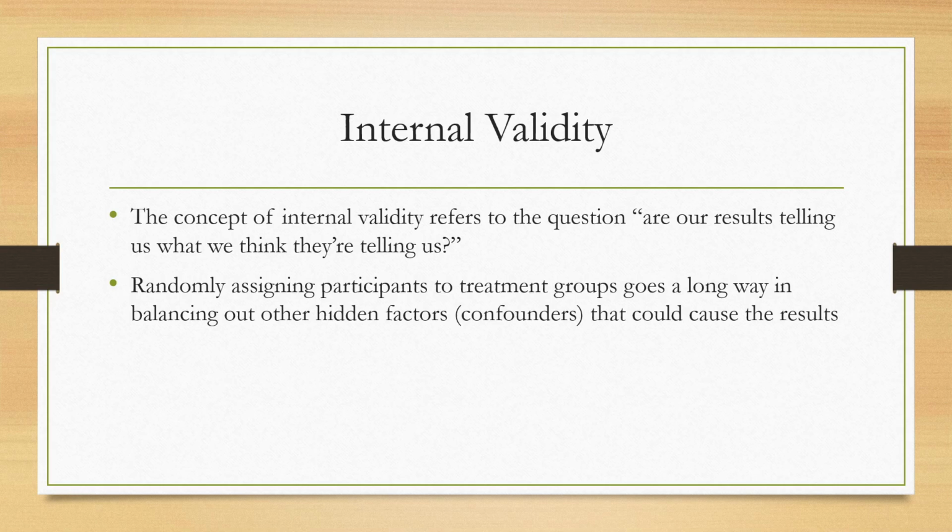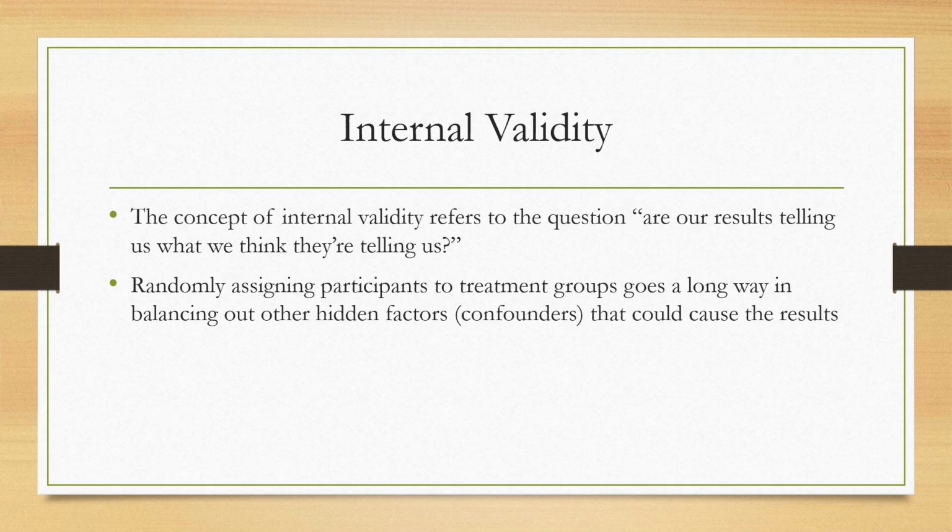Participant B, I'm going to randomly assign you. Then both groups are going to have a mix of individuals with experience and without experience. So that if someone says, well, could the groups be different to start with? I can say, no, because of random assignment, they are balanced on average, at least to start with. So random assignment is actually a fantastic tool to alleviate some of those alternate explanations.